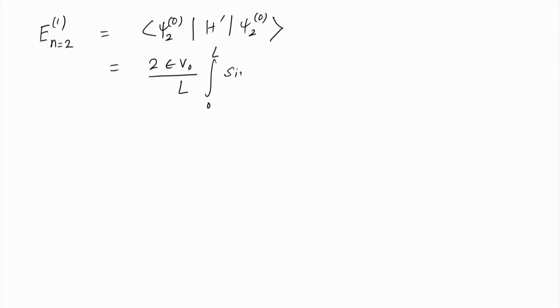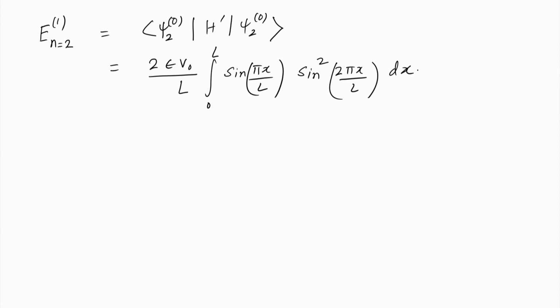So, this is what we write as the perturbation term, and the two wave functions put together will give us this, and then we do this.